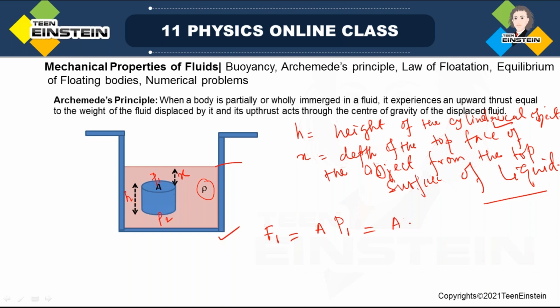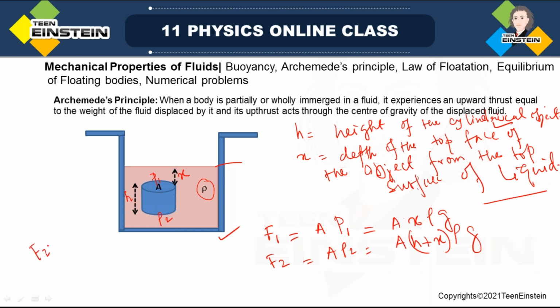H rho G, where H is X, so P1 is X rho G. Now F2 is A into P2. What is P2? This is H plus X, the total height, into rho G. This is the pressure P2 over here.